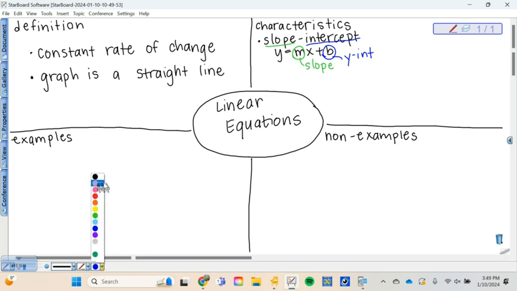What's another form that we talked about? Yeah, good, standard. What is standard form?